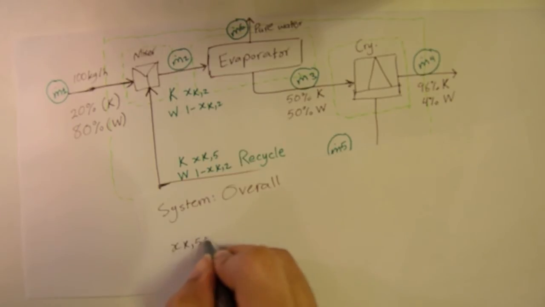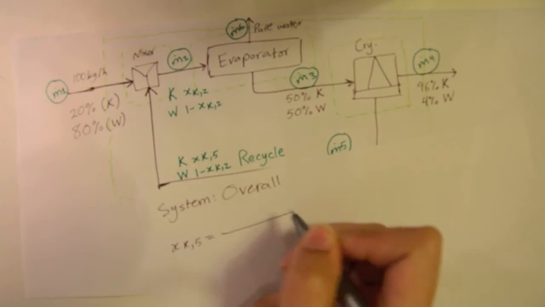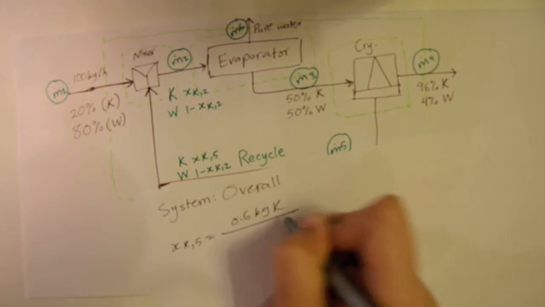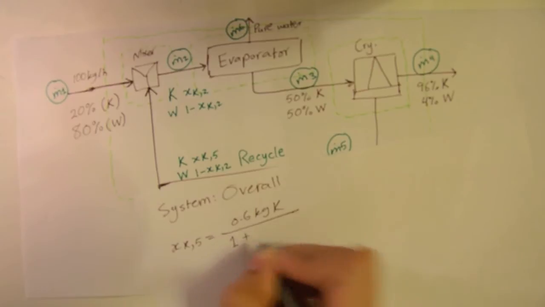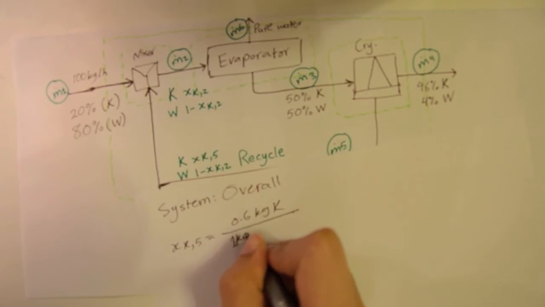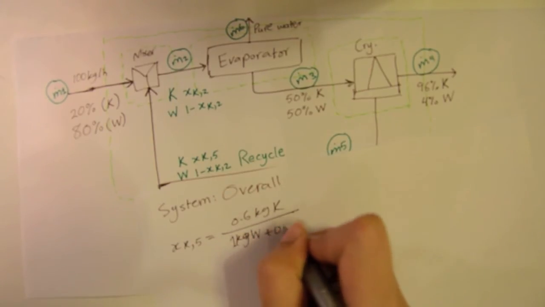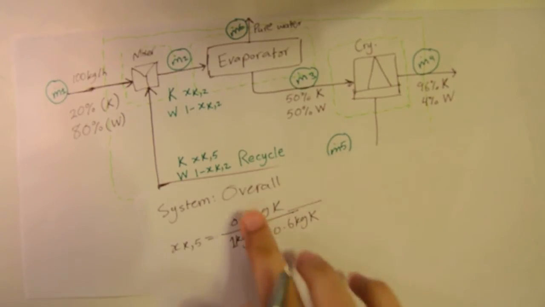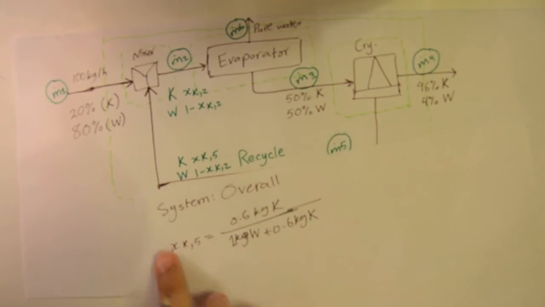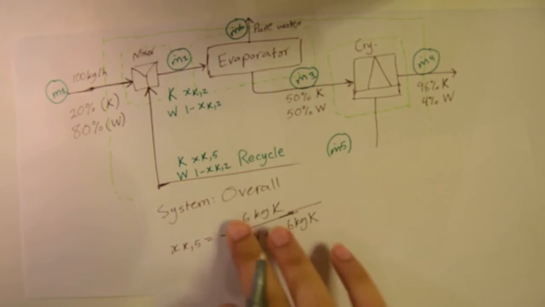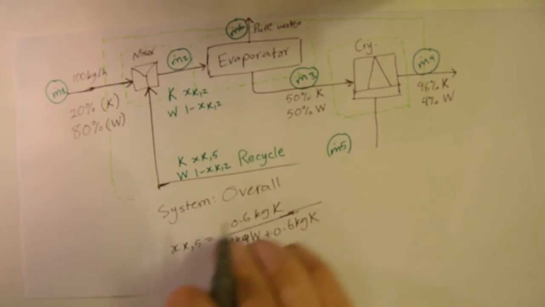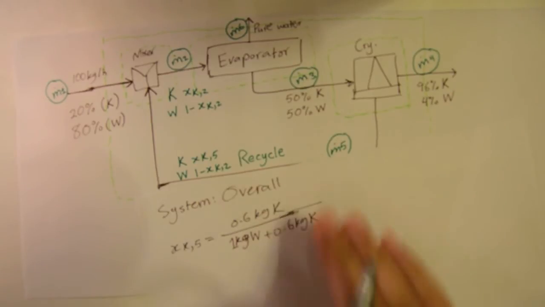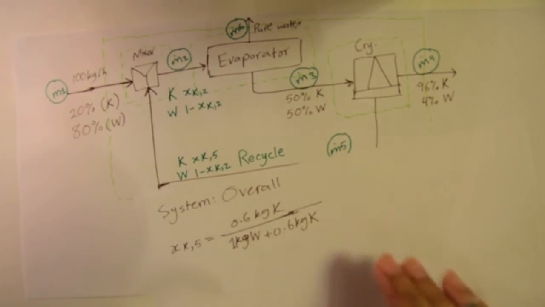So X of K5 equals 0.6 kilogram of K over 1 plus, of course this is kilogram of water, plus 0.6 kilogram of K. The reason I wrote that is because the composition is equal to the mass of the component over the mass of all components, or the sum of the masses for all components.